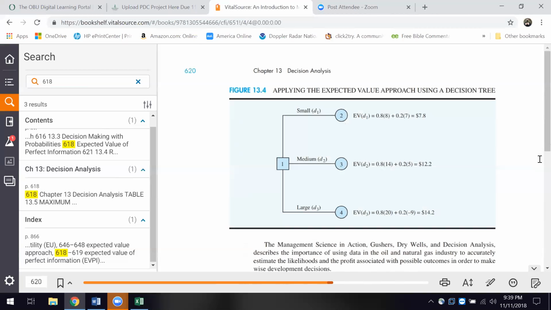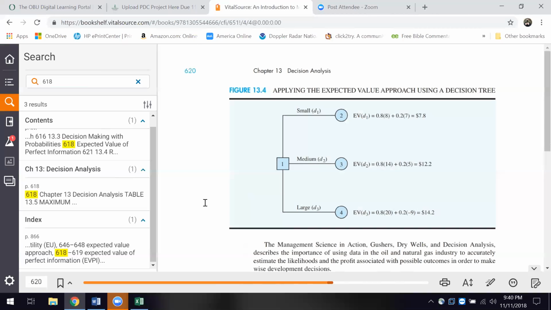So here's a situation where we're using a decision tree, and in this case we're looking at small, medium, or large demand for a particular product or whatever they're going to do. And they're saying if the demand is small, then the expected value is 80% of 8 and 20% of 7, which gives us 7.8.